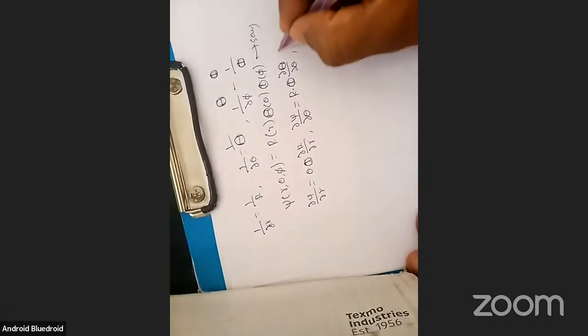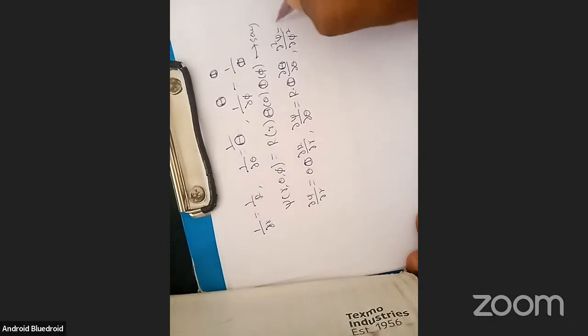Next dou square psi by dou phi square is equal to R into Theta into dou square capital Pi by dou phi square. These three values are also substituted in this equation, taking here dou square psi by dou phi square.